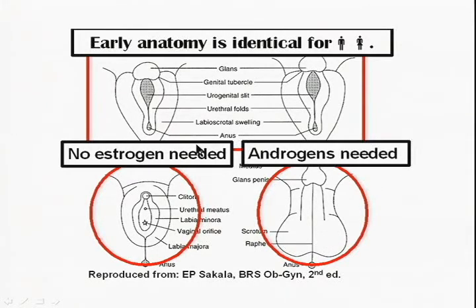Is there any hormone which is needed for differentiation of external female genitalia? And the answer is no. In fact, you can have, with androgen insensitivity, a genetic male, but who develops female external genitalia, mainly because there are no receptors for androgens.